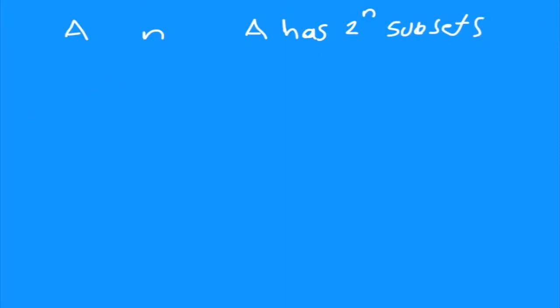So that means that if we have this set right here, A, B, C, D, and E, the way we know how many subsets it has is we count all of its elements. 1, 2, 3, 4, 5.